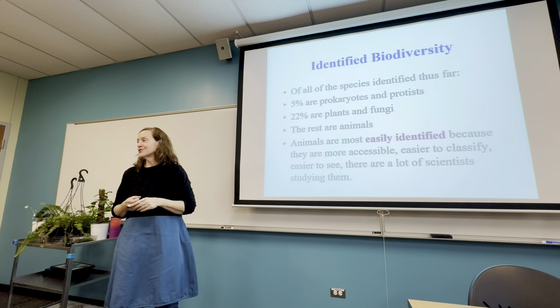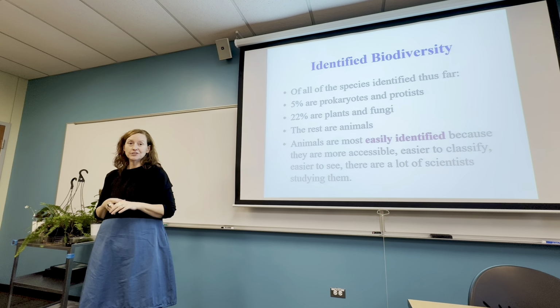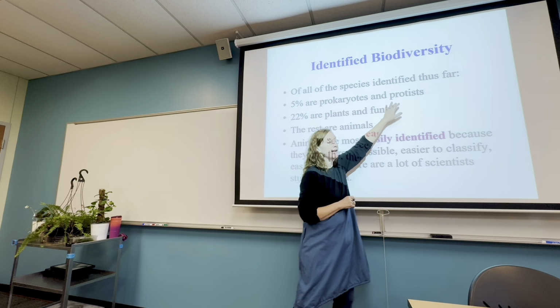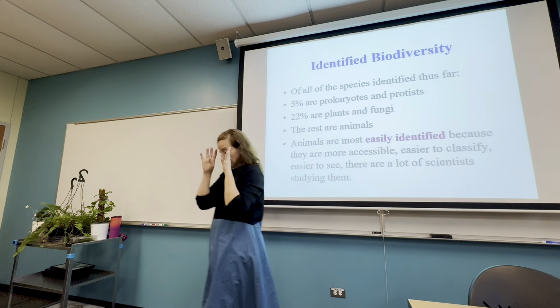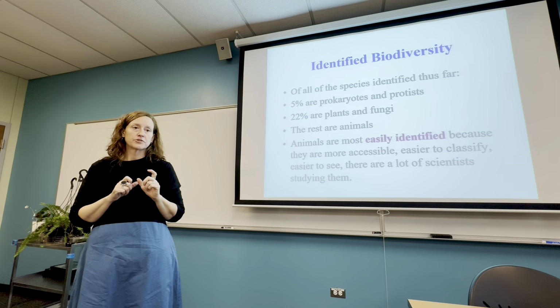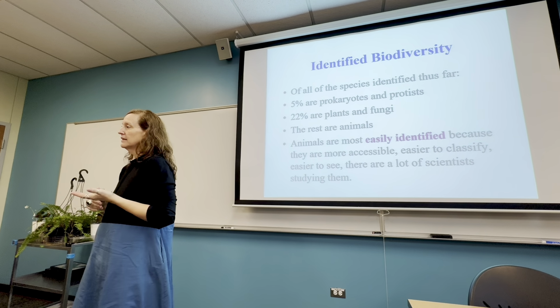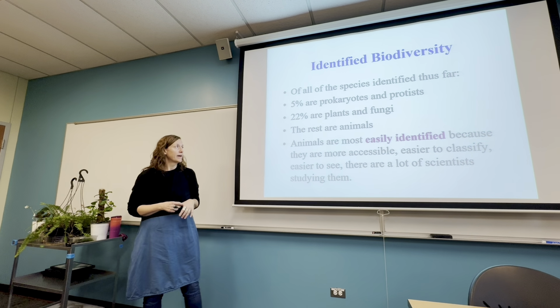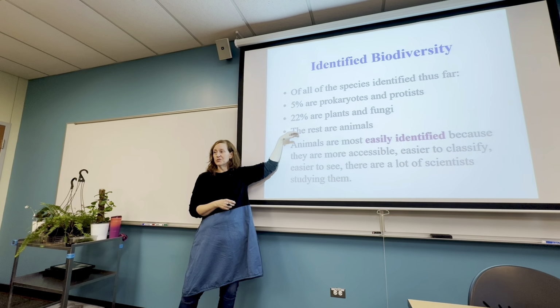Whereas most of my students are studying animals. Occasionally I get one or two that are going to study a protist like algae. And so we can just do our observations and write down our data there and take lots of video and pictures and then bring it back, and we can do our analysis, some there and some back at home. It's a lot easier to do. So that's why mostly animals are identified.